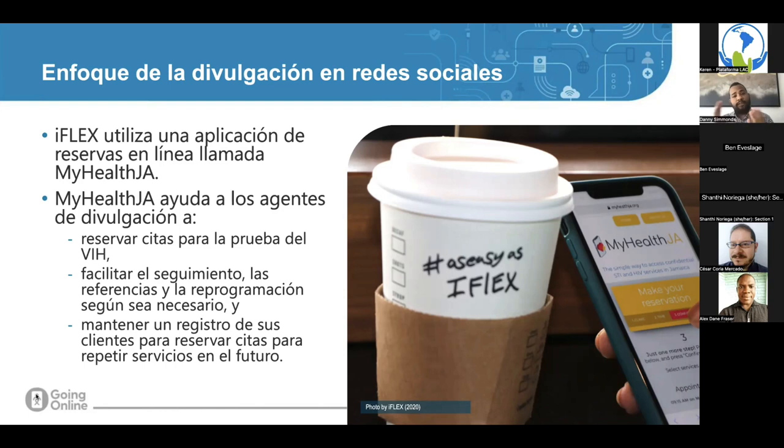So there is a client-facing component that Ben described earlier on that allows clients to take these types of actions on their own, but there are functionalities on the flip side, on the back end of this system, that allow outreach workers to have a very comprehensive overview of the many different appointments scheduled by their clients, follow up with them and reschedule where necessary, and just provide support as they access these services. Next slide, please.